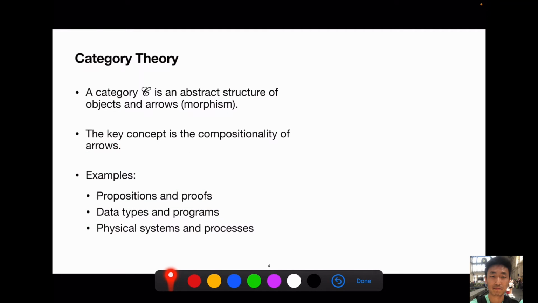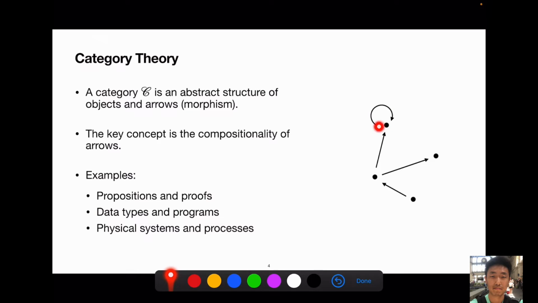So simply speaking, a category C is an abstract structure of objects and arrows, and mathematicians usually refer to them as morphisms. And again, the key concept is the compositionality of arrows. Here I drew a category with these four objects and some arrows between these objects.